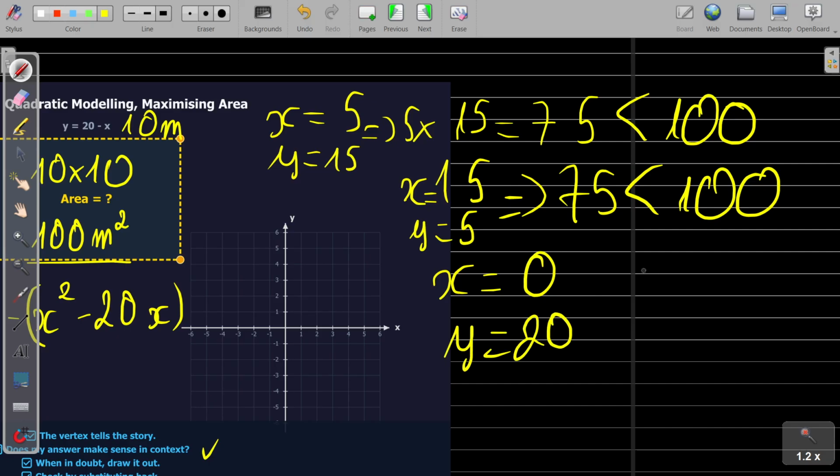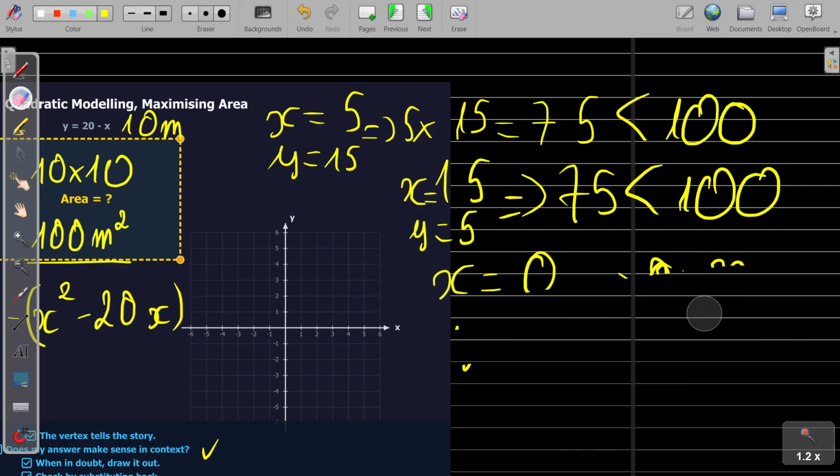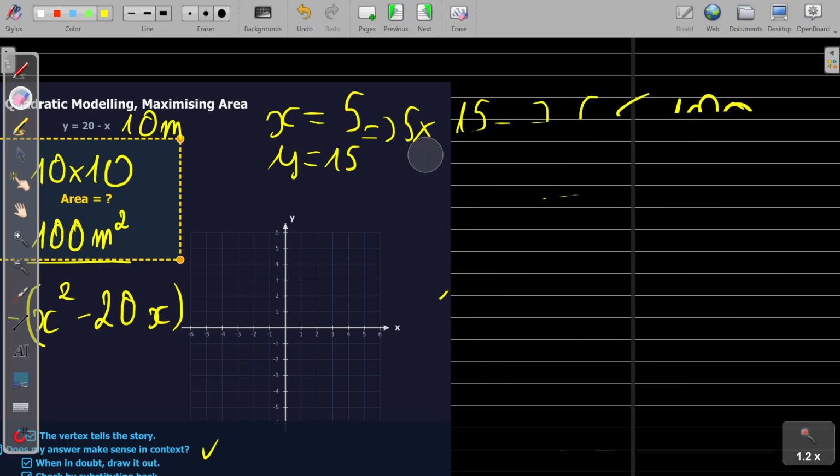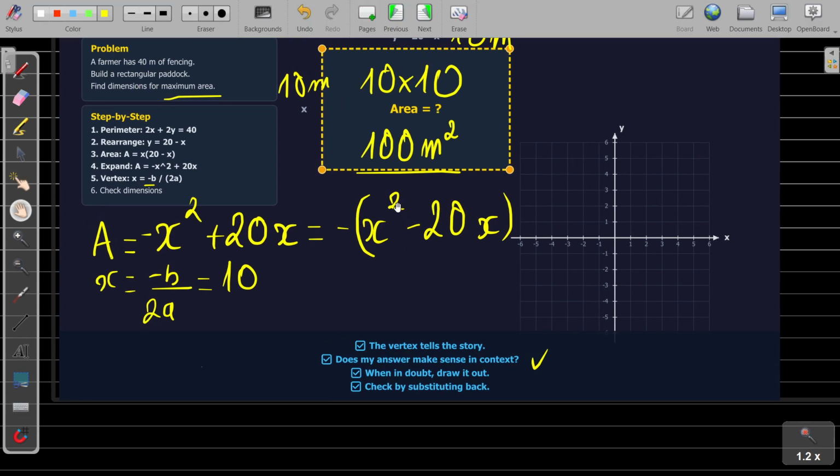Then the area collapses to 0 because 0 multiplied by any number is equal to 0. This is of course smaller than 100, but it also means that you have no width or no length, so that's not really a real shape. So even with our comparisons, we have found that our answer does make sense in context.